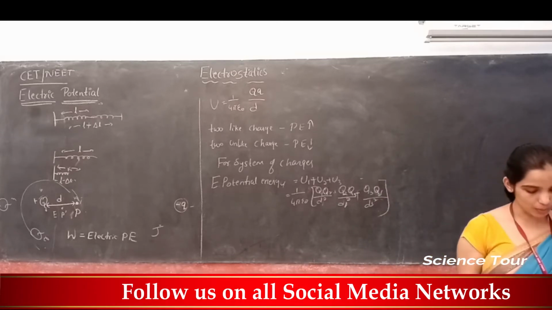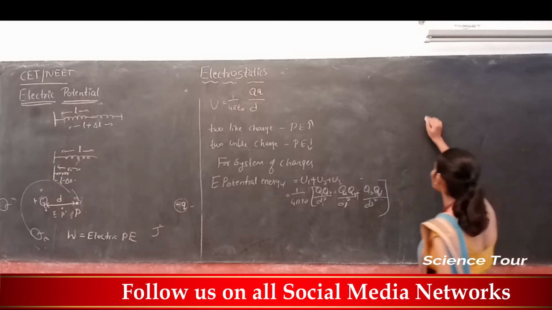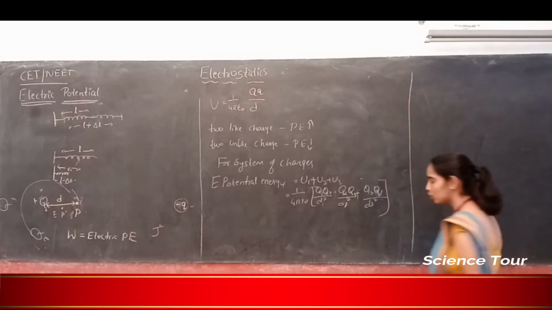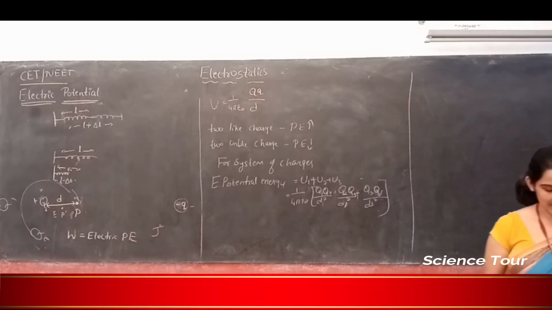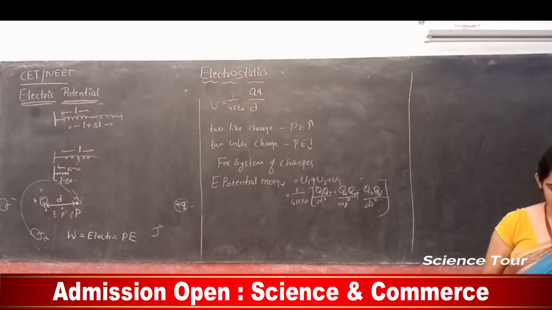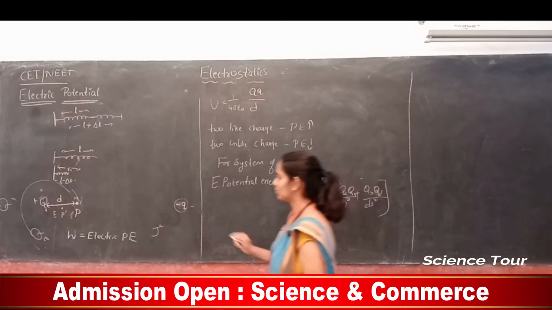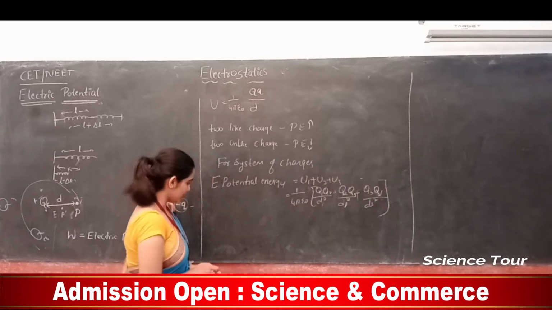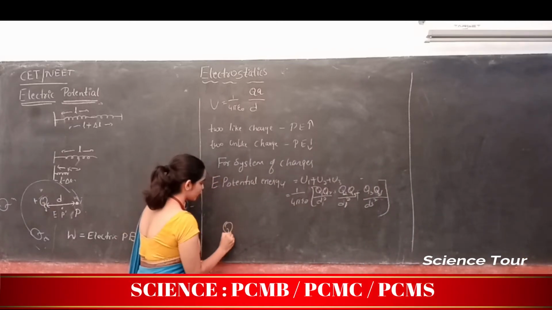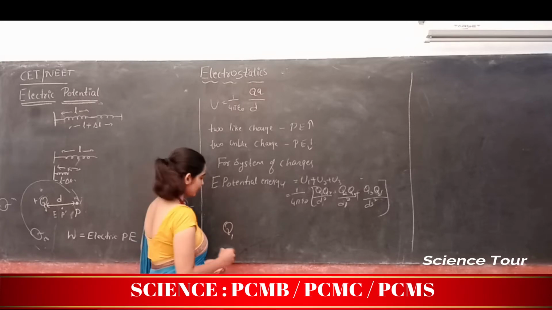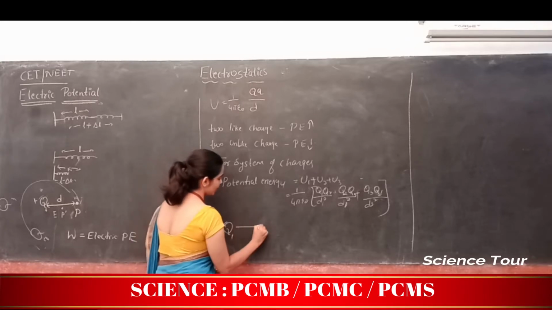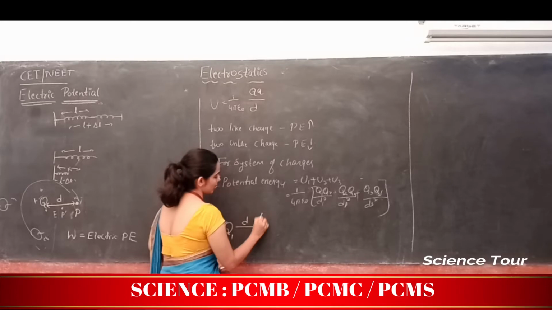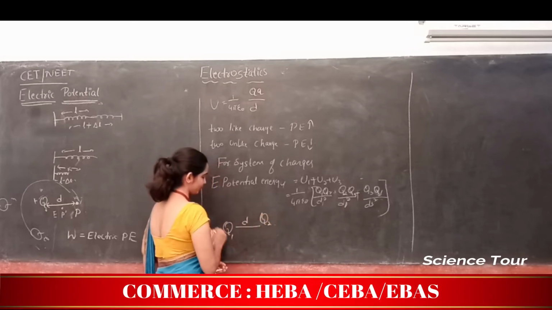As you know, potential energy won't be that difficult to measure, or to know what electric potential is. But before that, let's say you have a charge Q1 here, and at some distance d from here there is one more charge Q2.